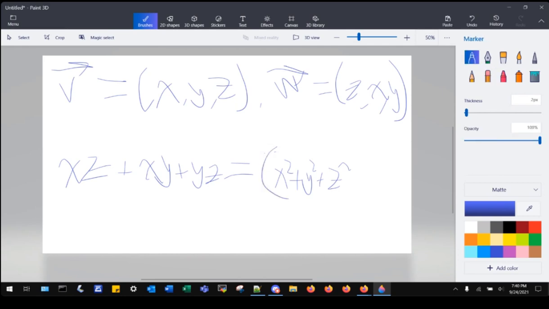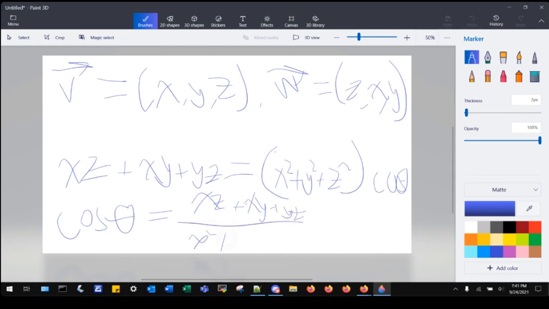Now we get to multiply this by cosine theta. And now cosine theta is this divided by this. So cosine theta equals xz plus xy plus yz divided by x squared plus y squared plus z squared.